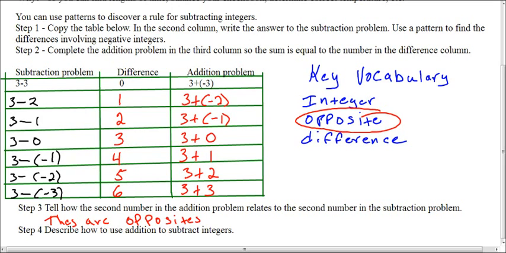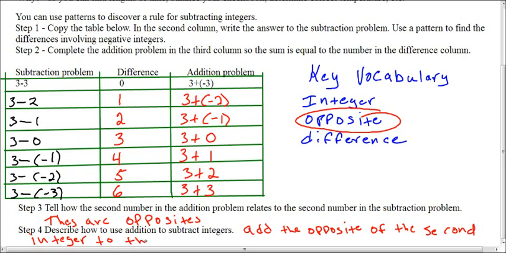I better write this down because I just may forget. So I want to add the opposite of the second integer to the first integer. I guess that makes sense. I think it does.